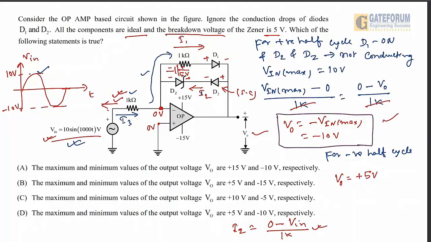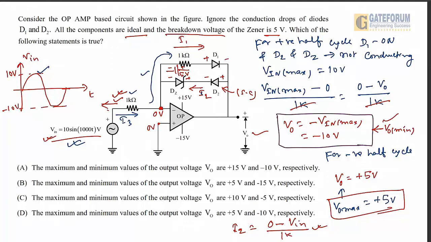Now if you look at the maximum and minimum values, this Voutput maximum will be plus 5 volt, and the other will be Voutput minimum. Comparing the two output values, one is plus 5 volt, which came in the negative half cycle, and the other, in the positive half cycle, we got as minus 10 volt.